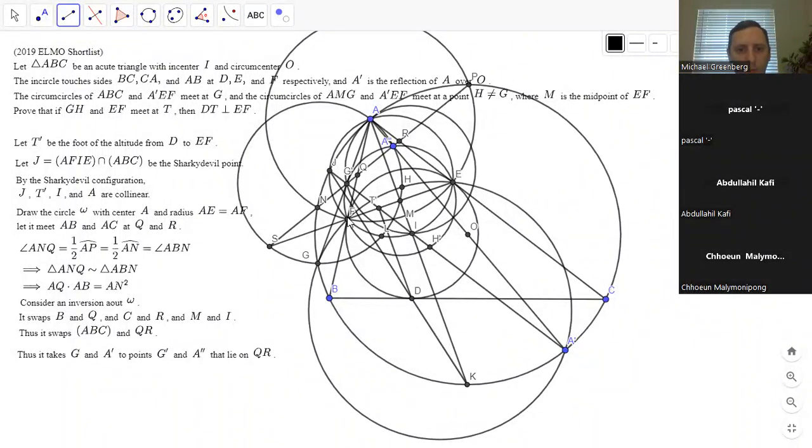So G prime, first of all, we want to show it lies on this, which it does because A prime FE, hold on. So E and F are fixed under the inversion, and A prime goes to A double prime.